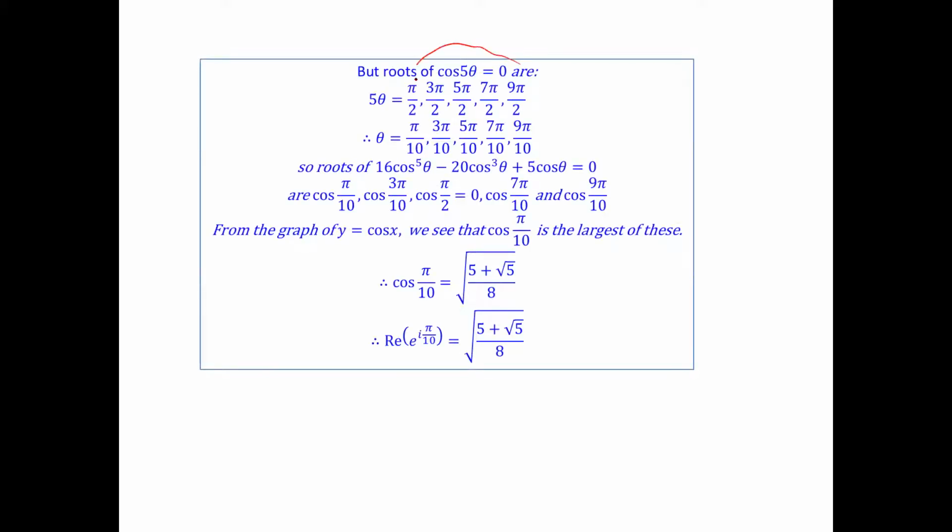Also recognizing that cos 5θ equals 0, find all 5 roots of the trig equation. The best approach is to use the cos graph to see that cos π/10 is the largest of these. Therefore, cos π/10 is the square root of (5 plus root 5) over 8.